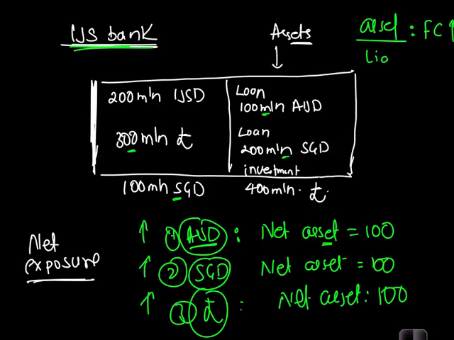And when you have net exposure as liability, then you would want foreign currency to depreciate. When the Australian dollar appreciates against the US dollar, then when you convert Australian dollar back to US dollar, you would get more US dollars.